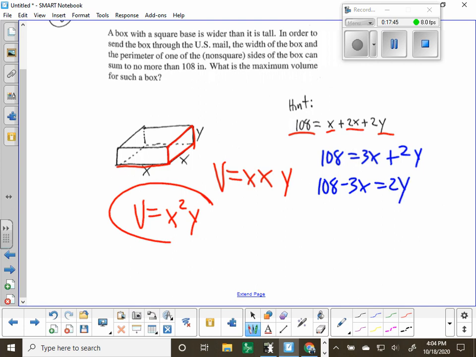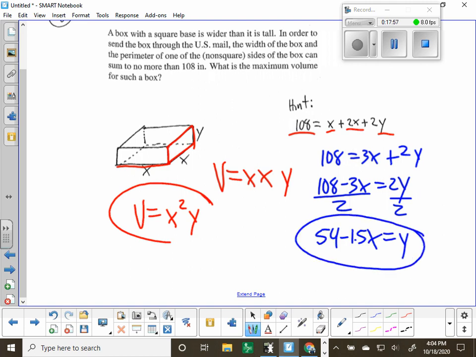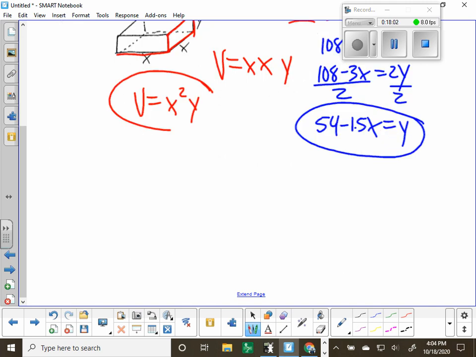Get y by itself by dividing everything by 2. So I get 54 minus 1.5x is equal to y. I'm going to take that and stick it in there. So I just divided 2 into the expression there, the algebraic expression. So this y is going to go in there.